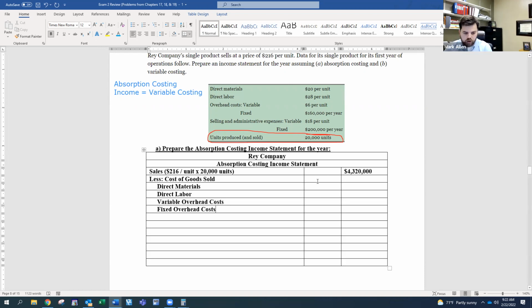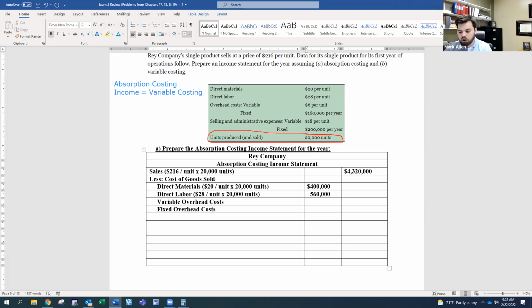So here we go. For our direct materials, if we look back up, you'll see that we are told our direct materials cost us $20 per unit. And of course, we sold 20,000 units. So 20 times 20,000 is $400,000. For direct labor, this is $28 per unit times 20,000 units, a total of $560,000.